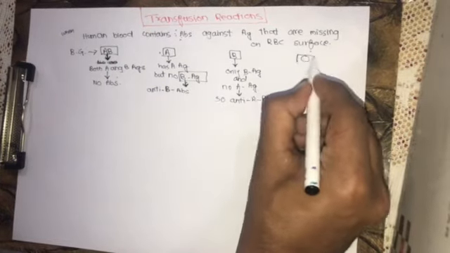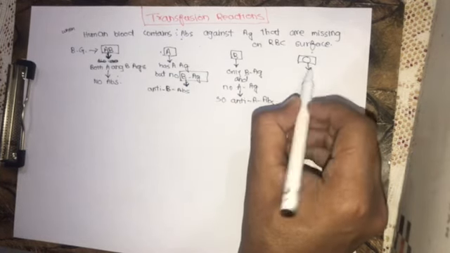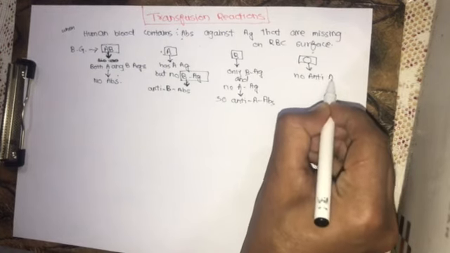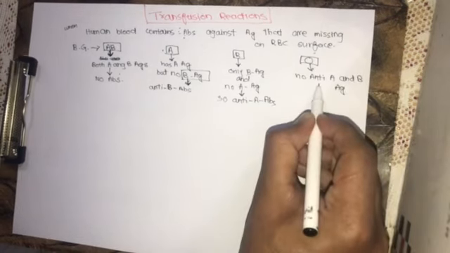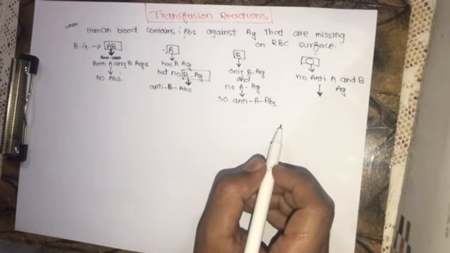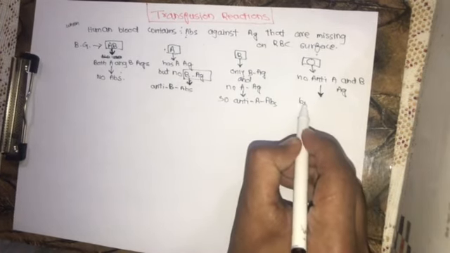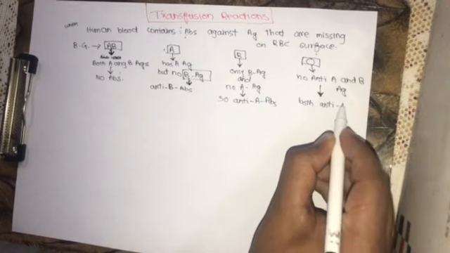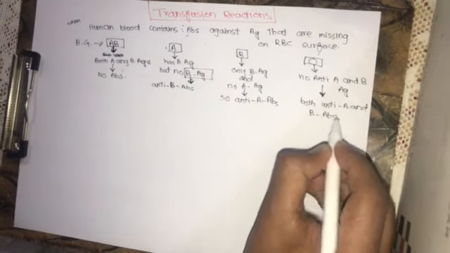Similarly, in blood group O, there is no A and B antigen, so it will have both anti-A and anti-B antibodies because it has no antigens.